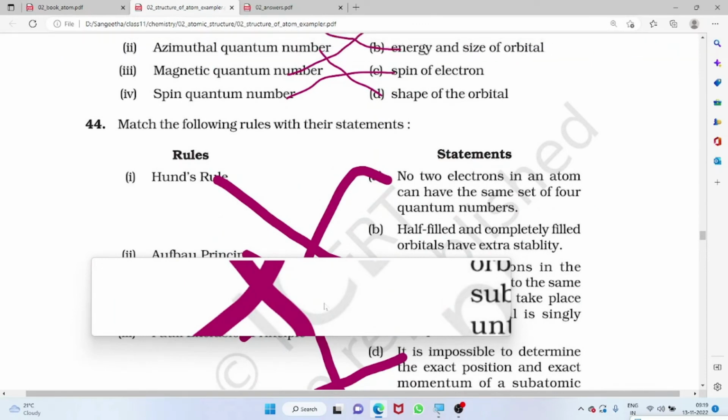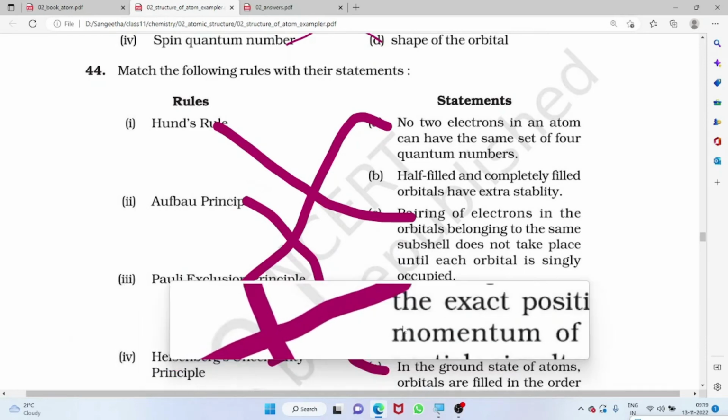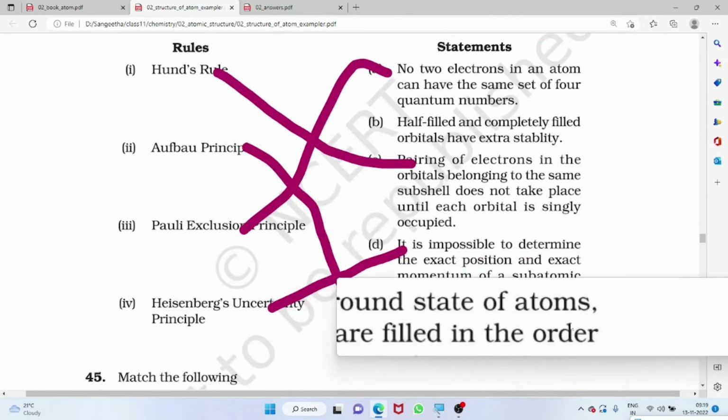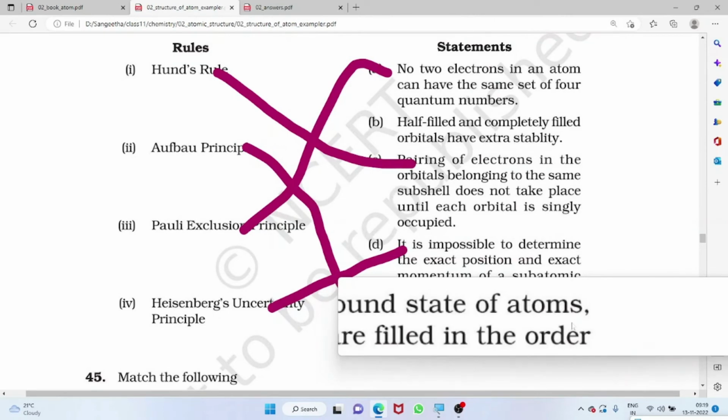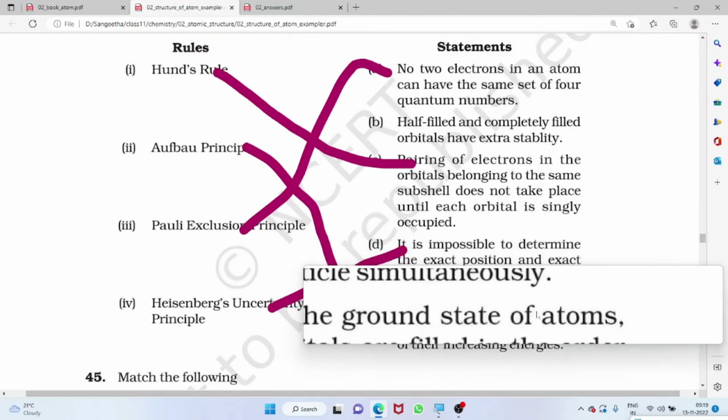Match the following rules with their statements. First rule: the pairing of electrons in the orbitals belonging to the same subshell does not take place until each orbital is singly occupied. That is, you have to fill one electron first in each orbital, then only pairing will start.